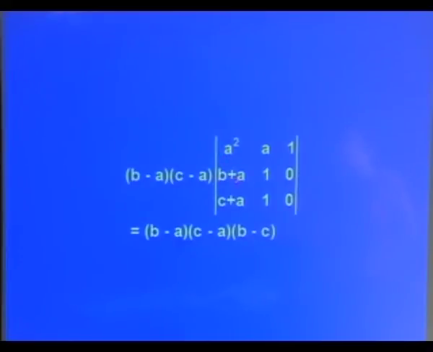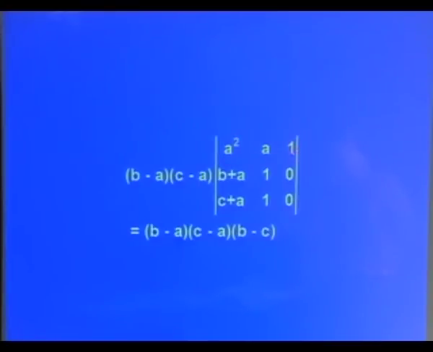What we have is b plus a from here, 1 and 0 in the second row; c plus a will be the remainder of b square minus a square when we take c minus a outside, then 1 and 0. Now, if you expand around this column, the signs will be plus, minus and plus.